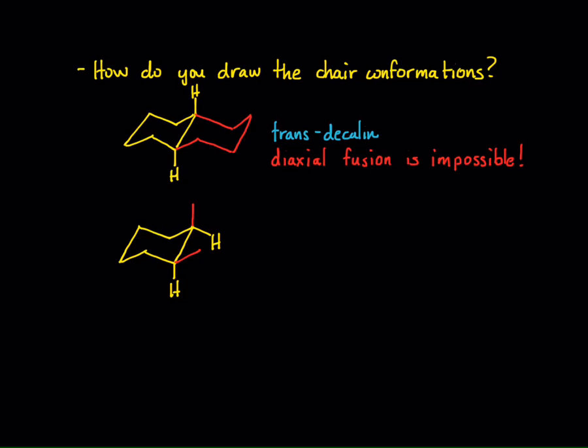Well, I can make a chair ring simply by drawing a line parallel to the adjacent carbon. And then I'm going to draw one parallel to my axial carbon, and then I'm simply going to join them together, right?